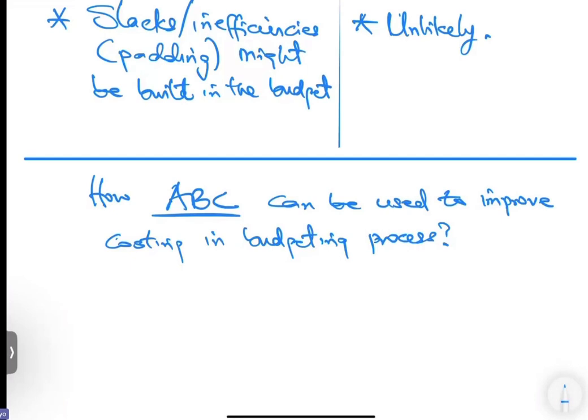So different departments are coming with their cost budget and all of that. So the question is, how can you use your knowledge of ABC to improve that cost budgeting?